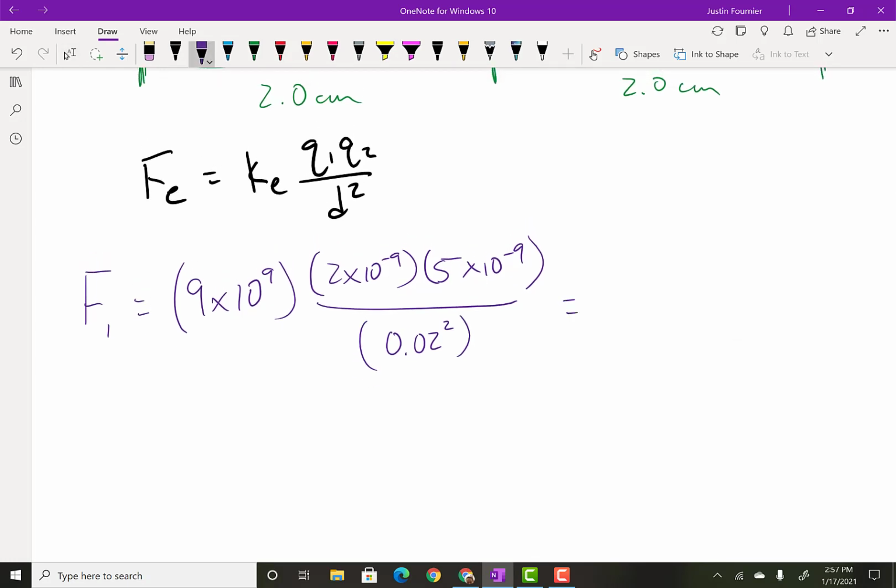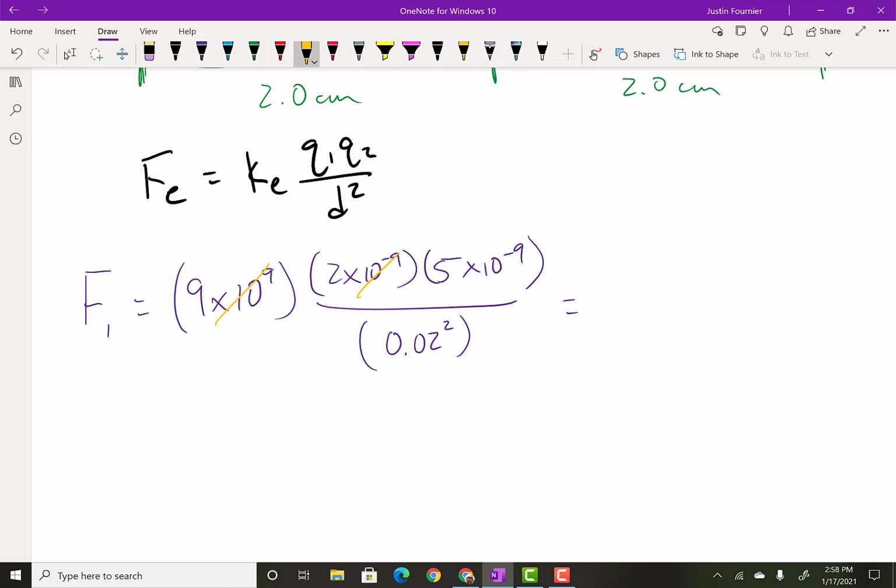And if you calculate all this stuff, I get, what do we get here? Well, the 10 to the negative 9s and 10 to the 9 will cancel out, so that's nice. So I got 9 times 2 times 5, so 90 times 10 to the negative 9, divided by 0.02 squared.